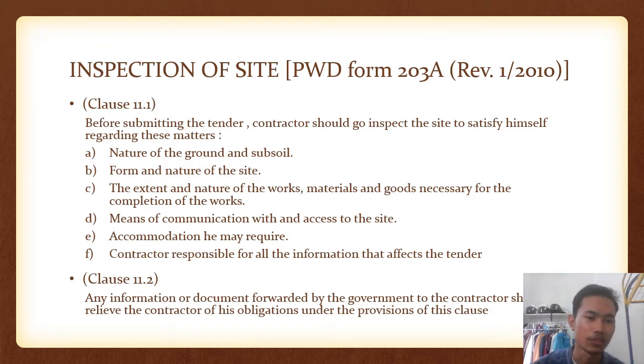First, nature of ground and subsoil. Second, form and nature of site. Third, the extent and nature of work, material and goods necessary for the completion of the works. Fourth, means of communication and access to the site. Fifth, accommodation he may require. Sixth, the contractor is responsible for all the information and effects on the tender.